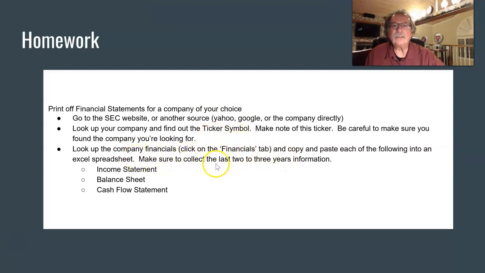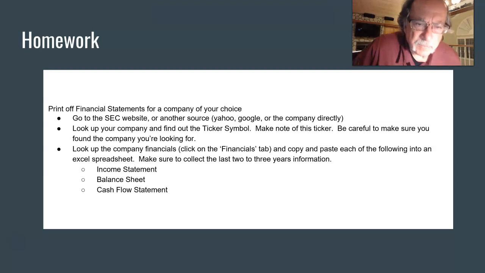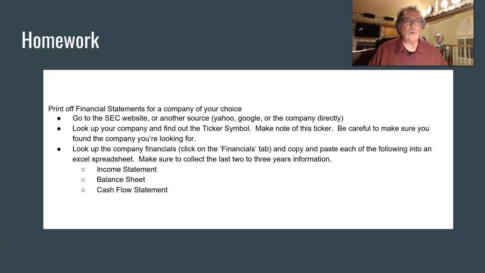As I've taken you through the example, put it into an Excel spreadsheet: income statement, balance sheet, cash flow statement, and then save that. Typically there's going to be 2 to 3 years of information in each one of those statements. That's all you're after. I don't want you to do more than download the one spreadsheet like I did. You don't need to download multiple spreadsheets. So that's what I want you to do.